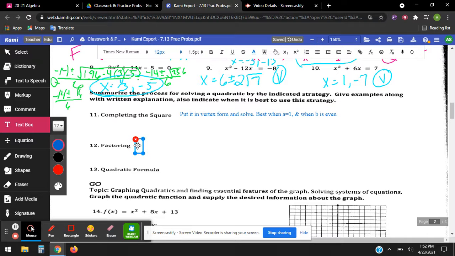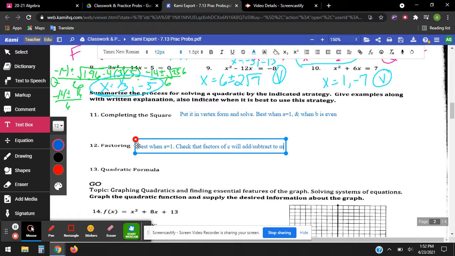Okay, so factoring. Best with an a equals 1, right? Because then we just worry about the two factors. Check that factors of c will add or subtract to make b.